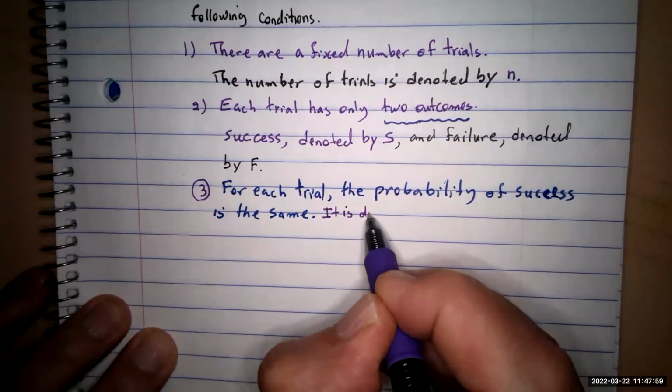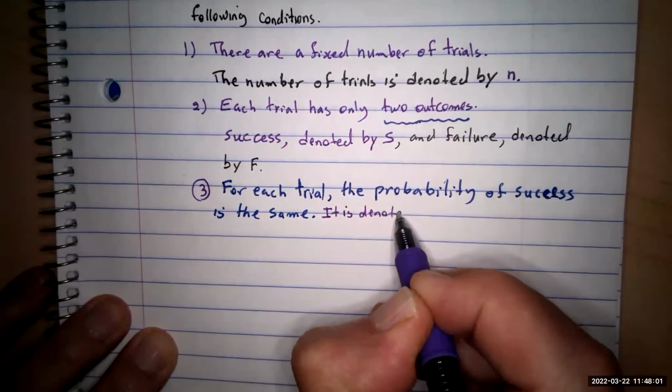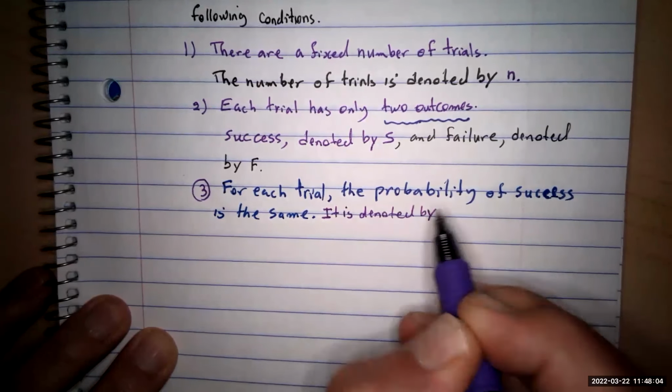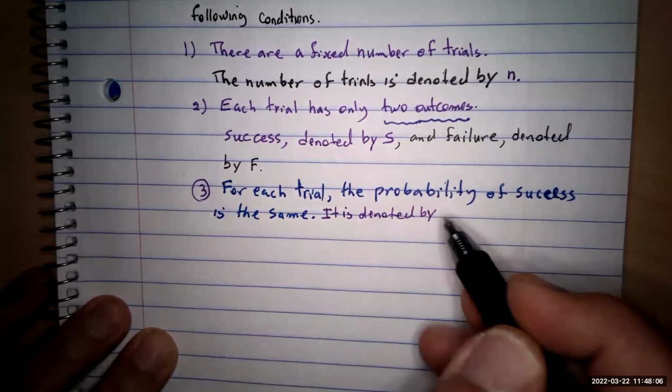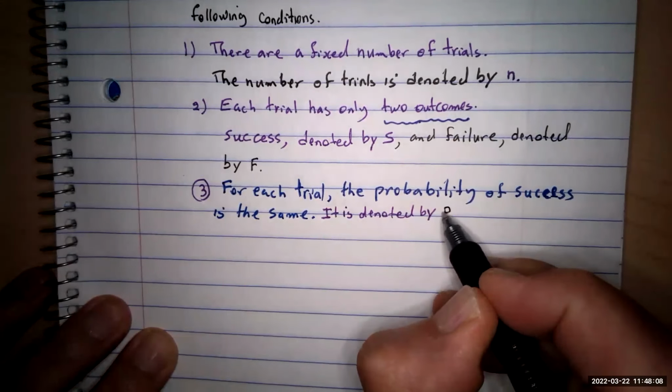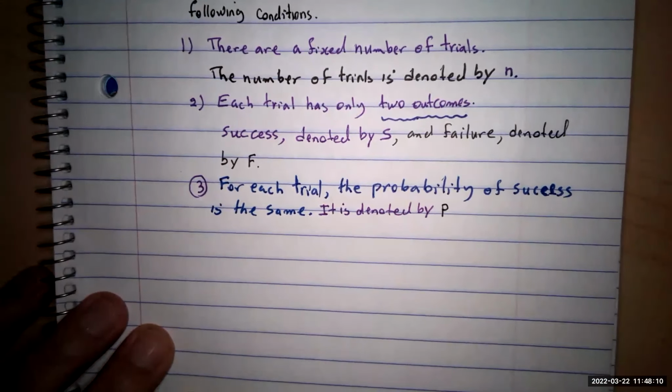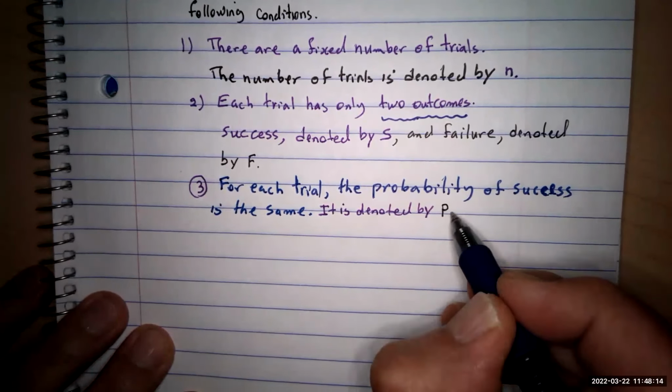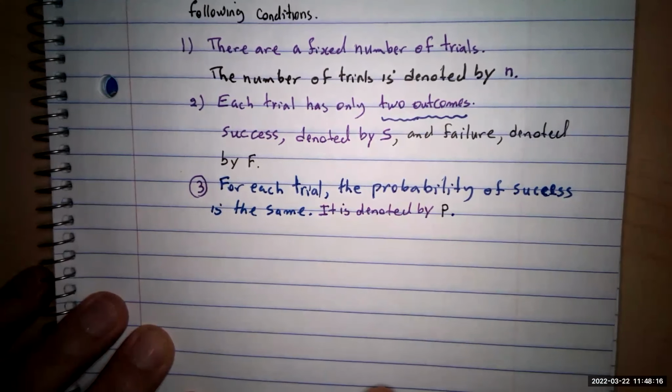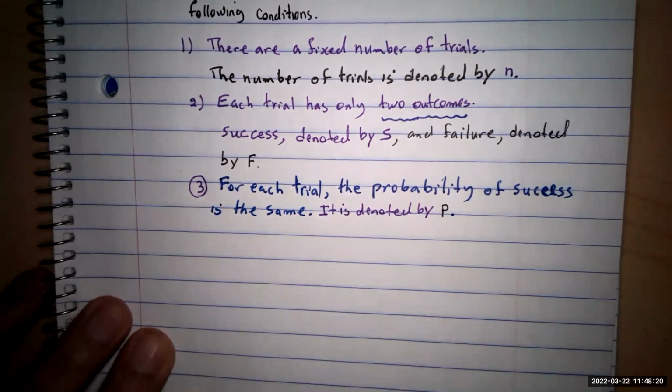It means p, the probability of success for the binomial distribution. Don't miss it. When the probability of success is always the same and there are two cases only, the probability of failure would also be the same.